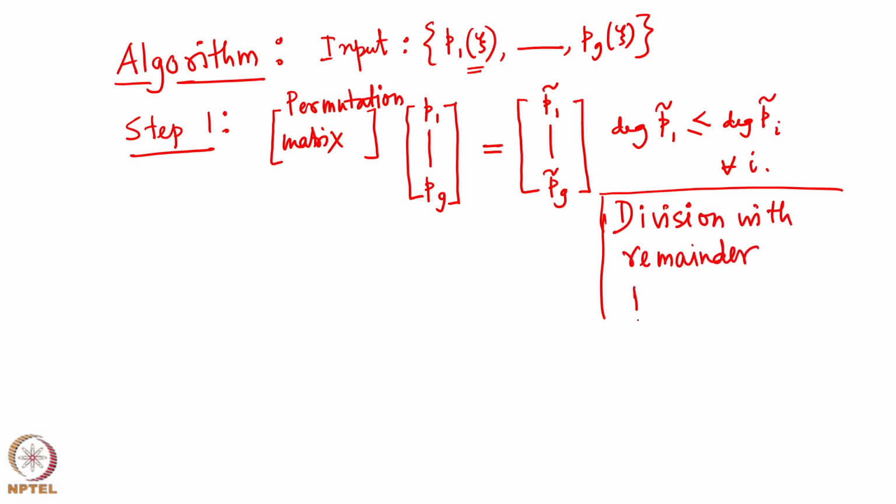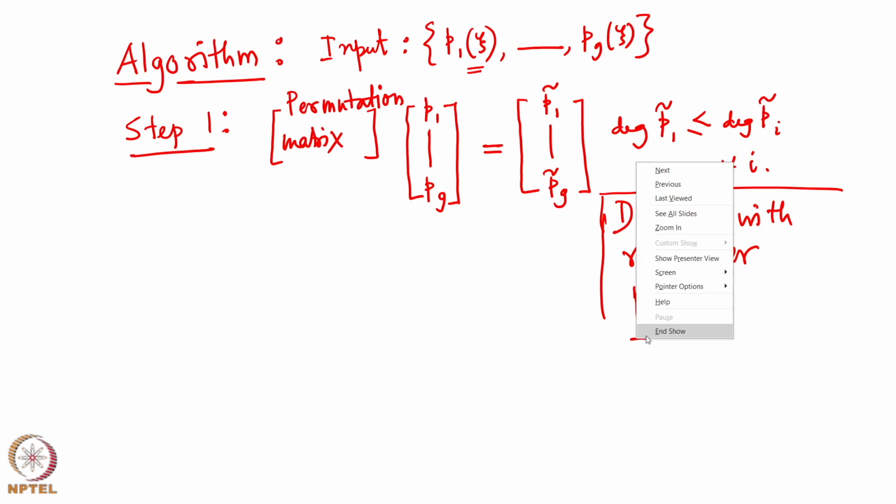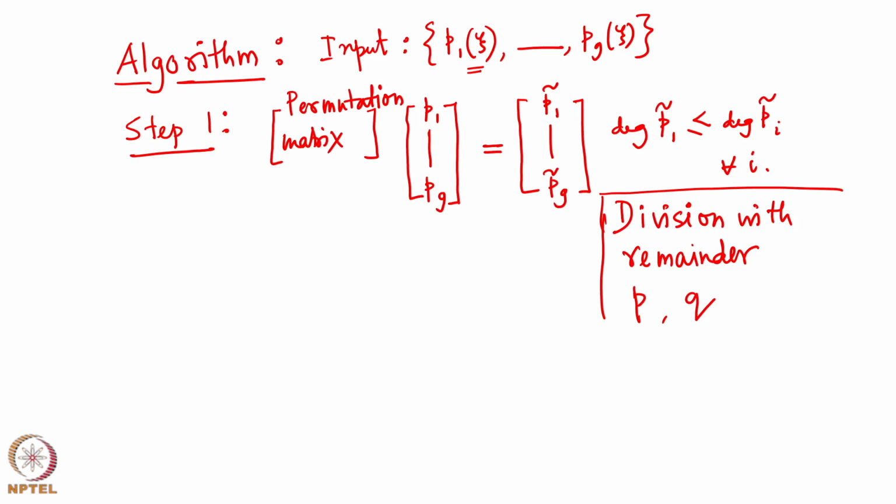Yeah. So take two polynomials p and q. When you do this division with remainder, suppose the degree of p is less than or equal to the degree of q, without loss of generality. Then we divide q by p.